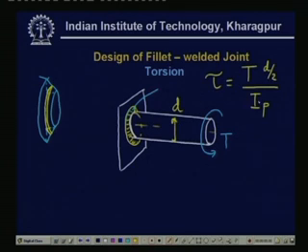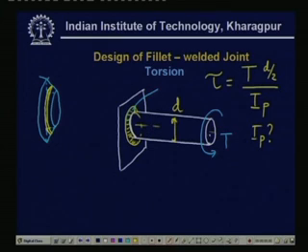Now, what will be the polar moment? We want to find out this IP. IP could be found if you make some assumptions, and the assumption is that, compared to the diameter of this member, the thickness or the width of the welded joint is very small.